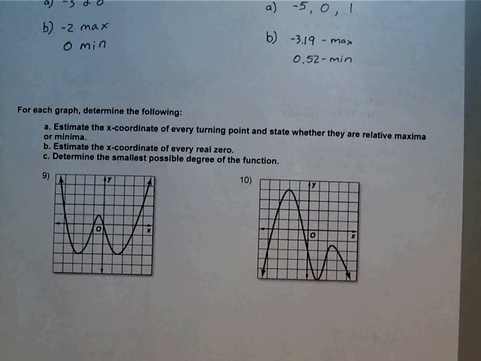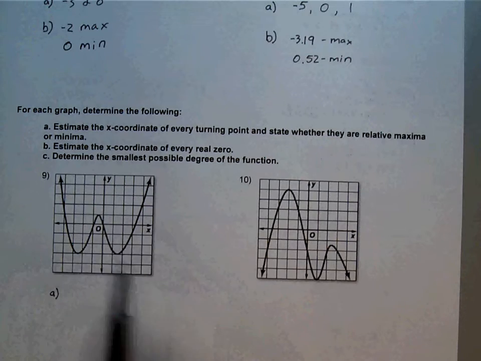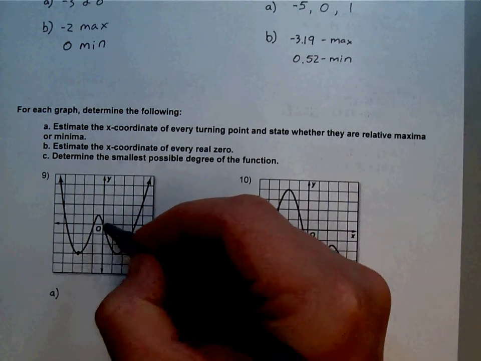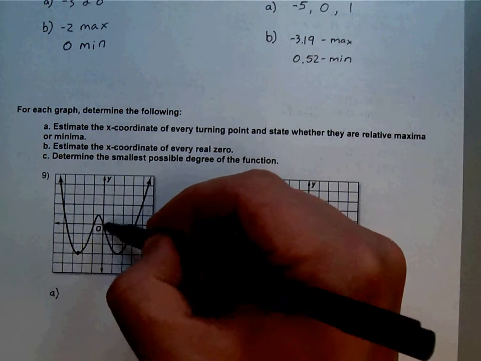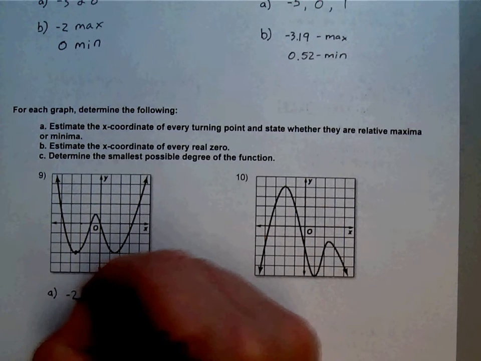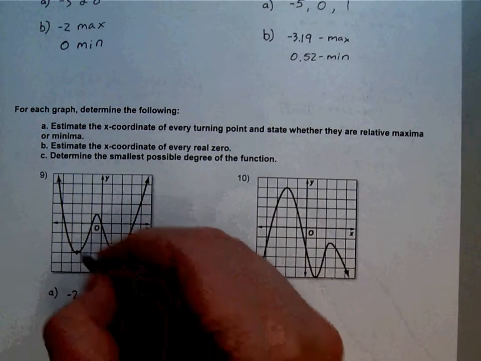Okay, now 9 to 10, we've got a few questions to answer. Number 9, estimate the x-coordinate of every turning point. Just the x value. So here's a turning point. Here's my 0, so at -1, -2, about -2.5. It says to state whether it's a relative maximum or minimum, so that's a minimum.